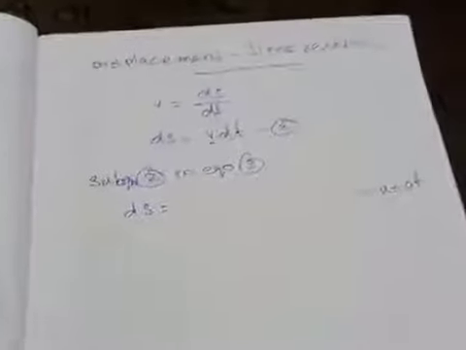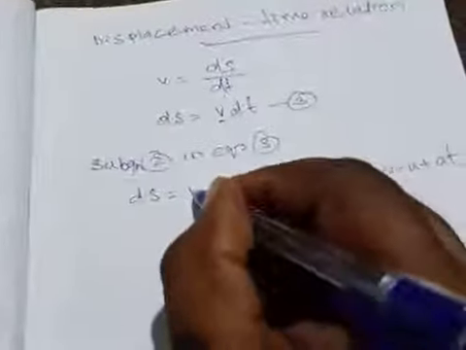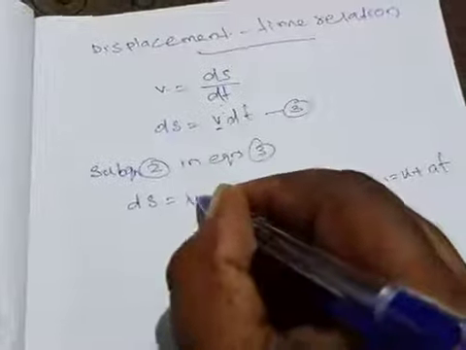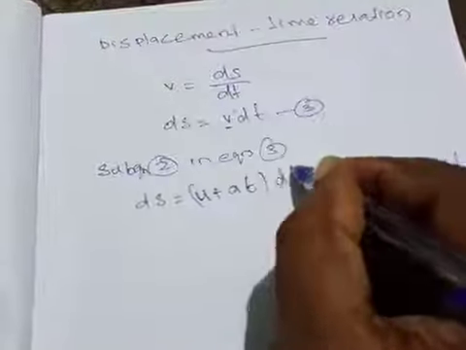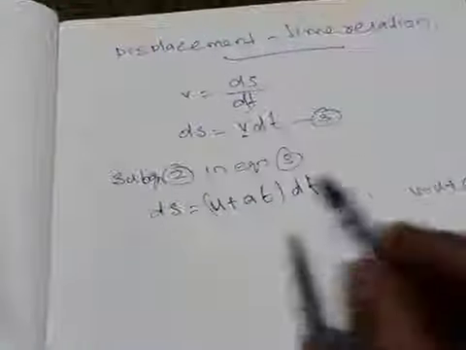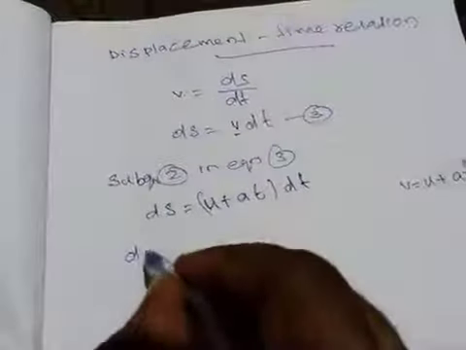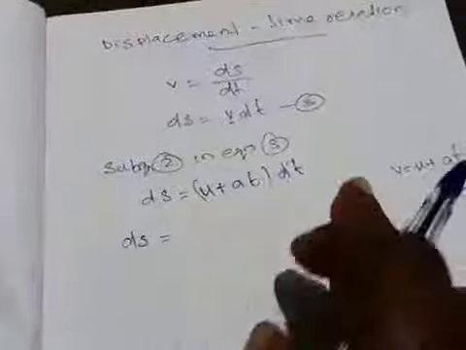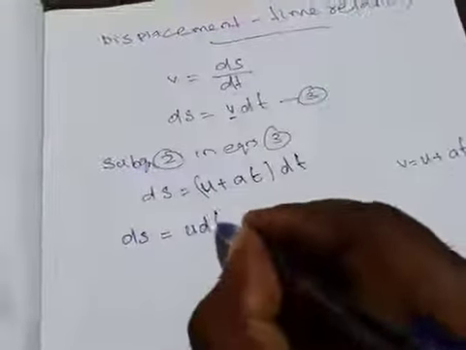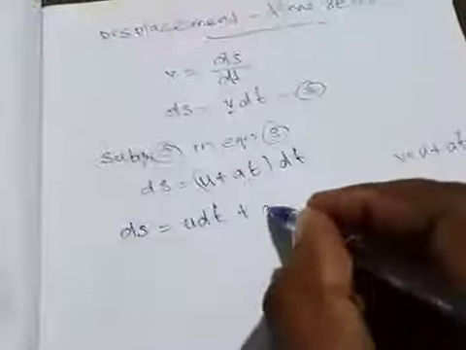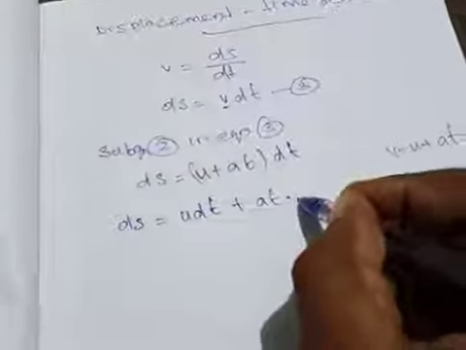So ds is equal to (u plus at) into dt. Now multiply this u into dt plus at into dt.